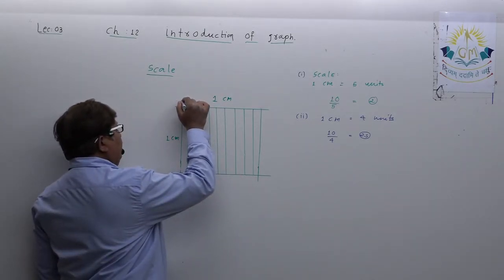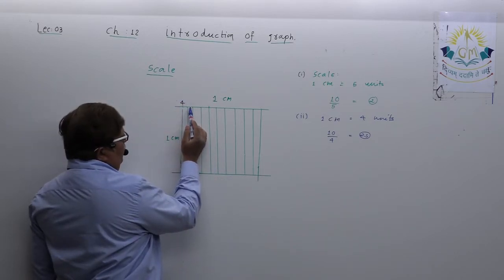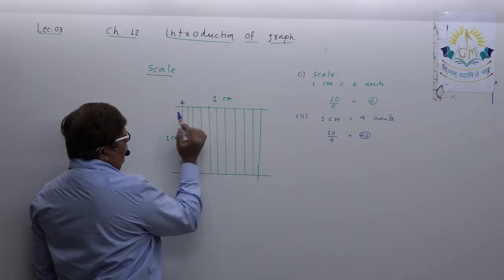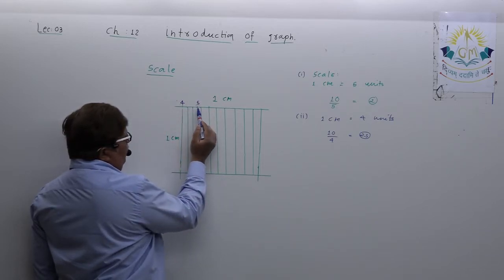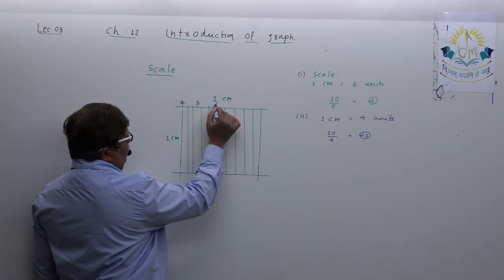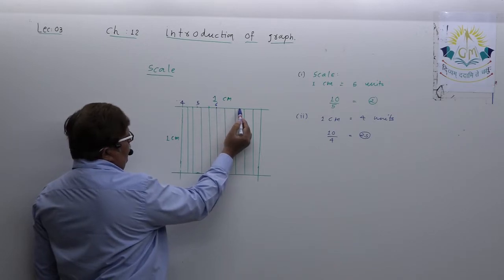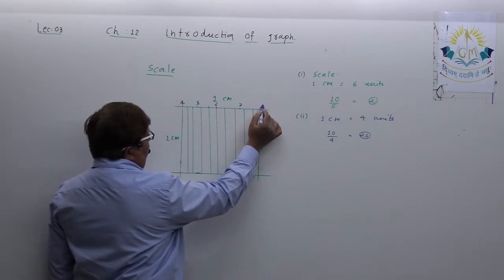Suppose here is 4. So one line, two lines and a half. This will be 5. Every 2.5 lines, then this half, and here 6, here 7, and then here 8.